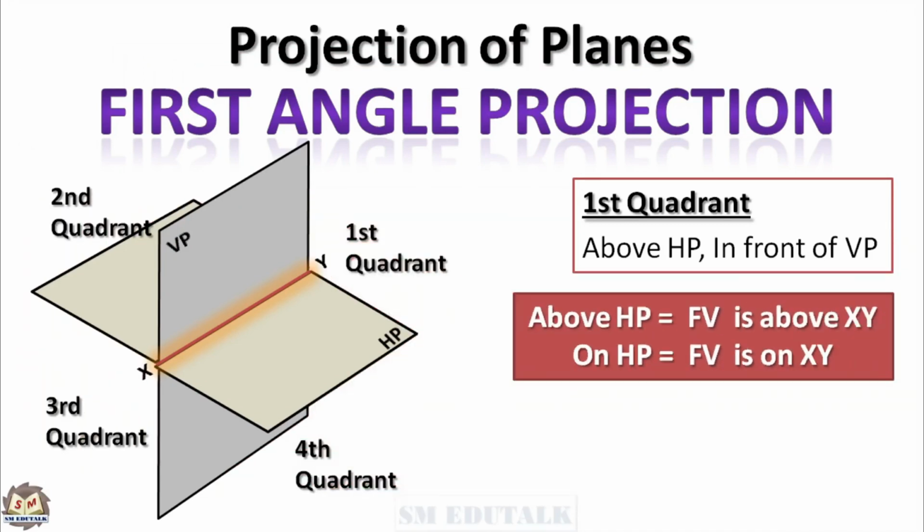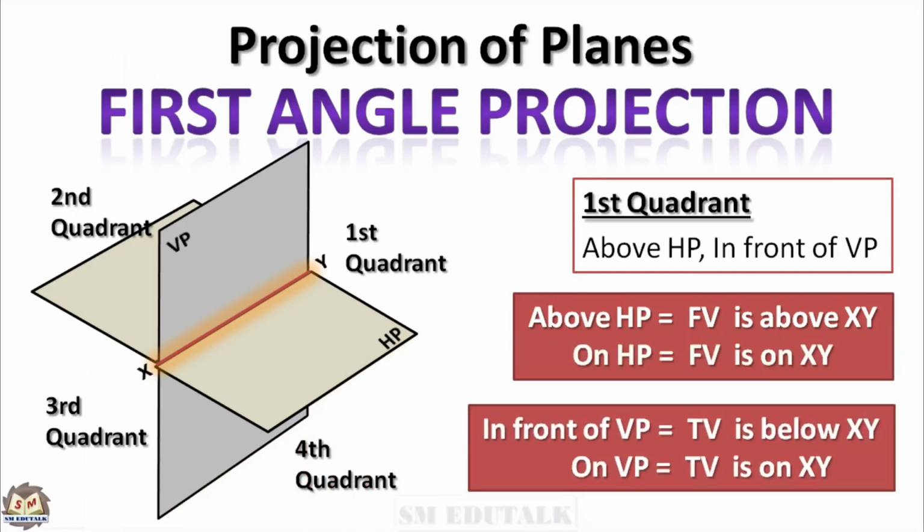In this first quadrant, front view should be drawn above the XY line for above HP condition and on the XY line for on HP condition. Similarly, top view should be drawn below the XY line for in front of VP condition and on the XY line for on VP condition.